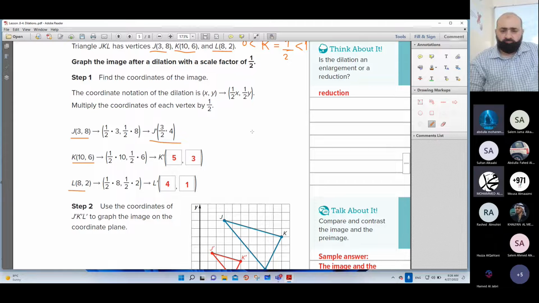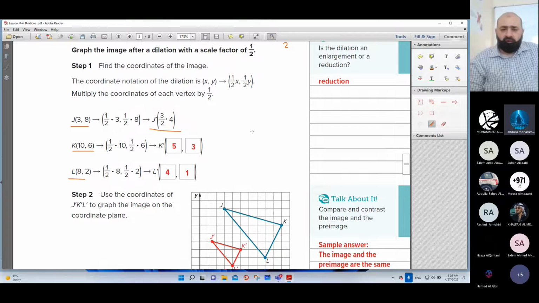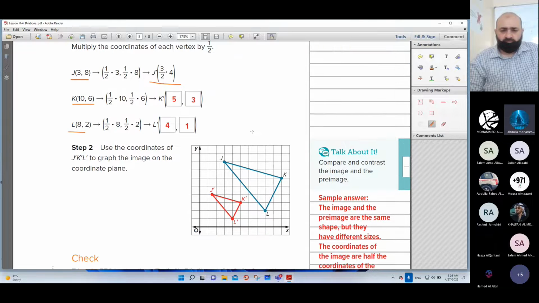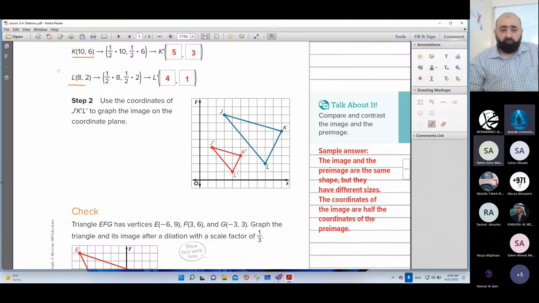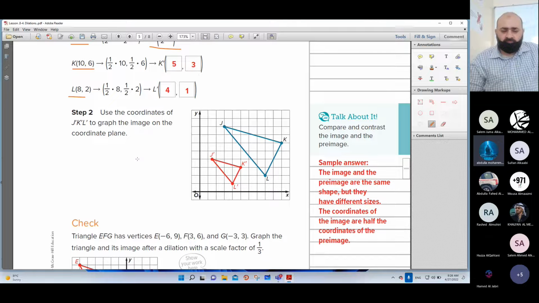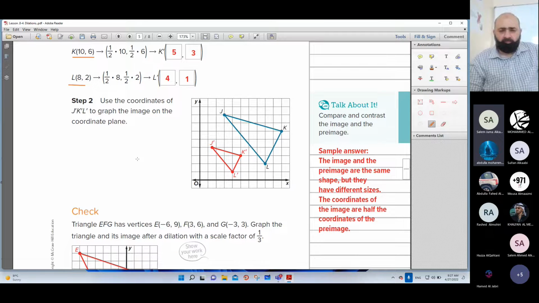Mister, it's clear for everyone. Okay, Salim, is my screen clear for you? Okay, now I will see it. Not clear? Is it clear or not, Salim?